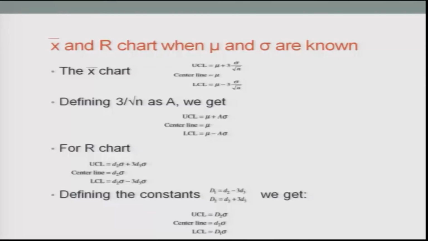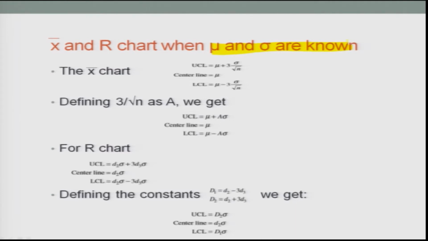For the X bar charts, if mu and sigma are known, I should highlight this because this is very important to understand. In the initial cases, the mu and sigma, where I am hovering my pen, were unknown, but now we are considering them to be known.